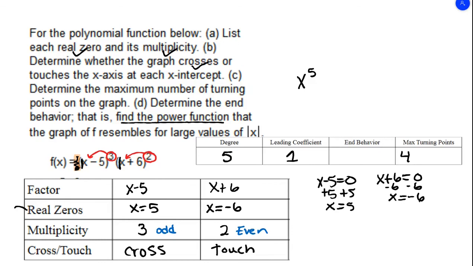And when we have an odd degree with a positive leading coefficient, that means our end behavior is going to go in opposite directions, and it's going to be negative on the left and positive on the right. So our power function is x to the fifth, and our end behavior is that these ends go in opposite directions, down on the left and up on the right.